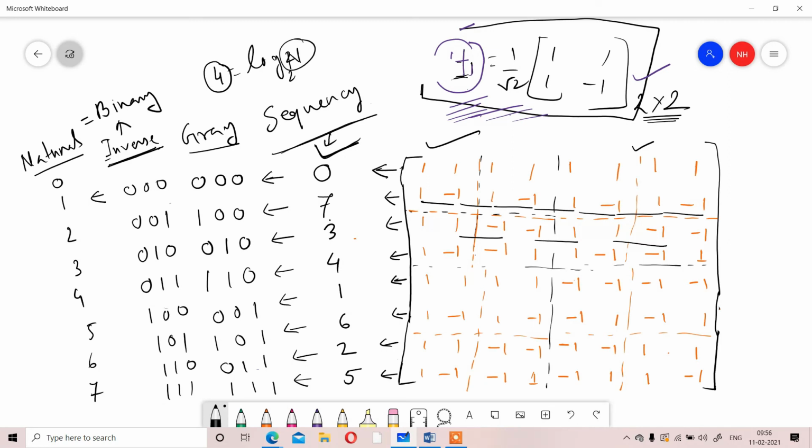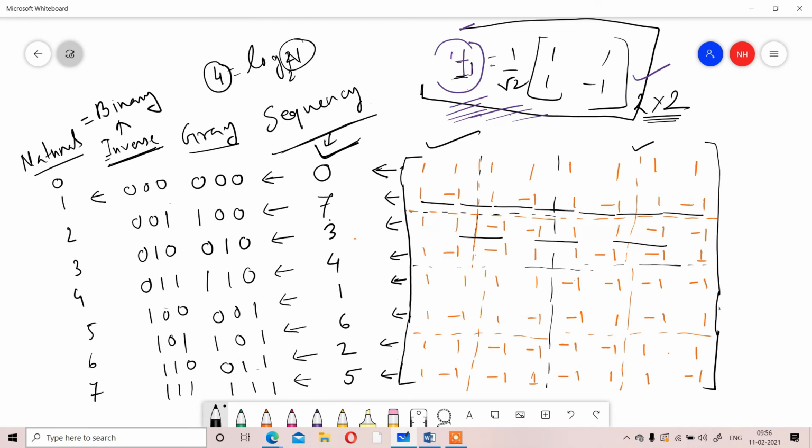Small n equal to 4 means order 4. So from 0 to 15 you will get the sequential order. Simply represent it in gray level and then make it inverse. That will be the binary representation of the natural order, starting from 0 and ending at 15.